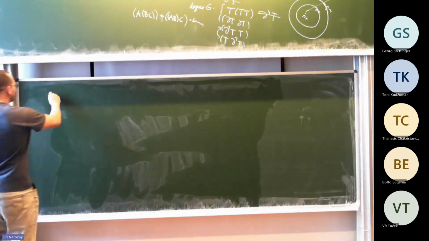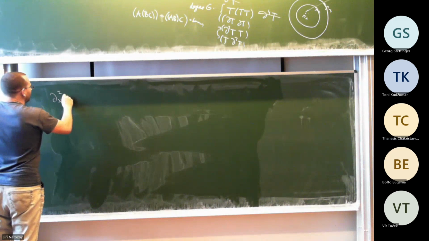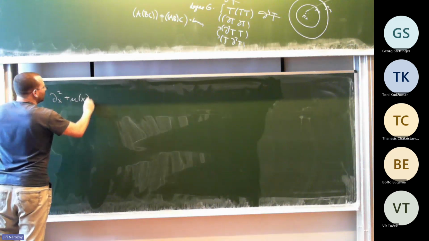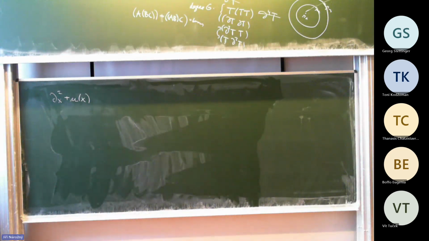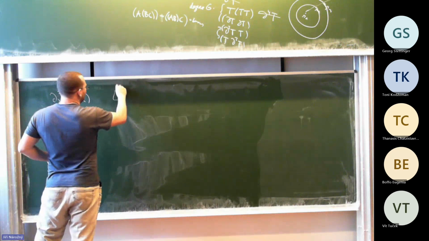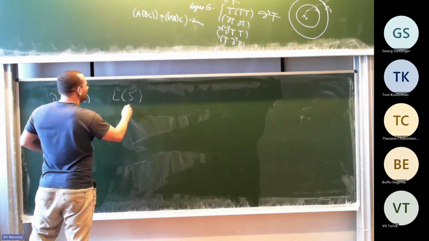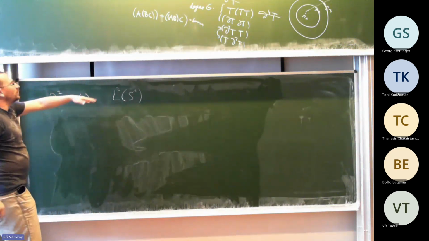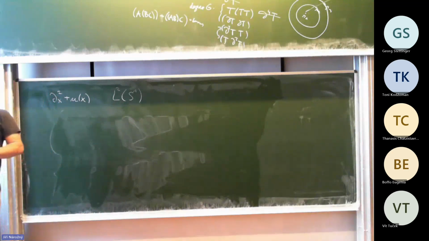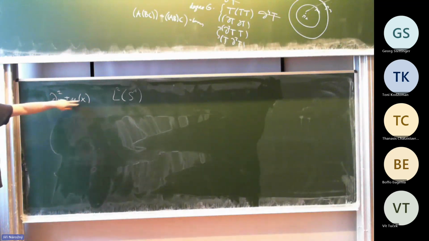So you can consider a second order differential operator. You can think of some Hilbert space on a circle with coordinate x. It does not really matter so much how you choose this x coordinate.